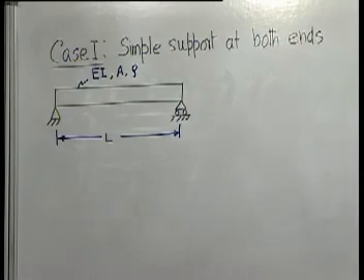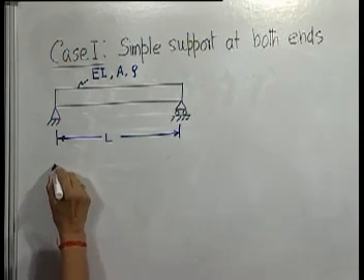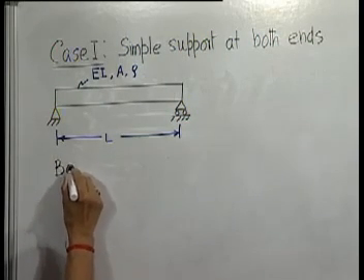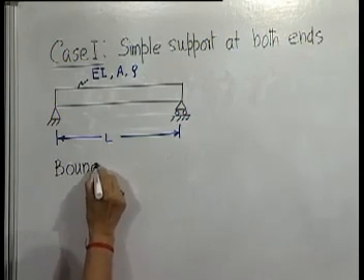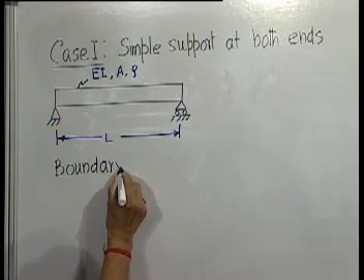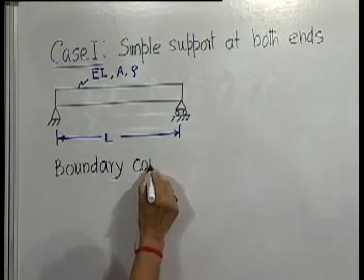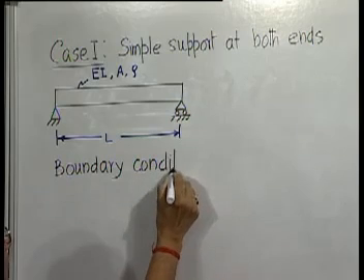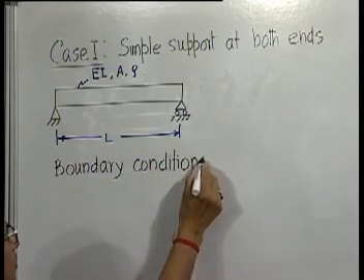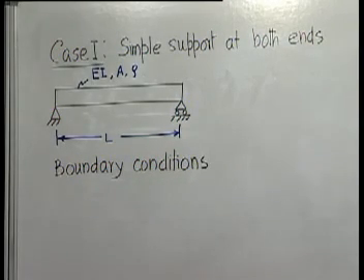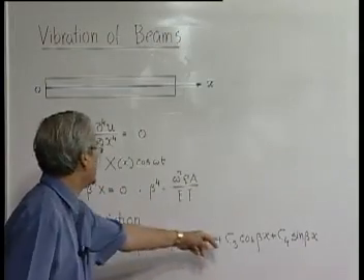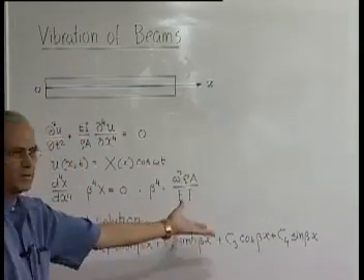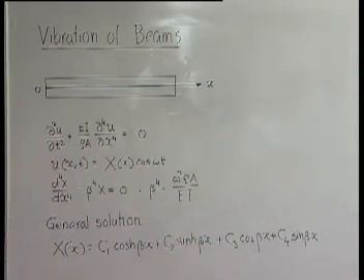So the boundary conditions here: we notice that 4 constants A, B, C, D, or C1, C2, C3, C4, whatever way we write those, they require 4 conditions.